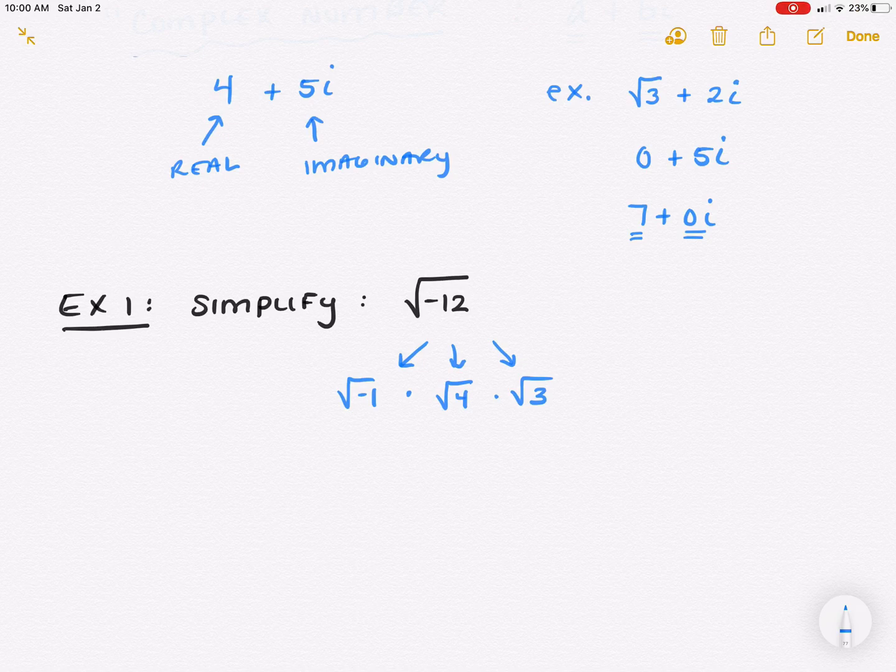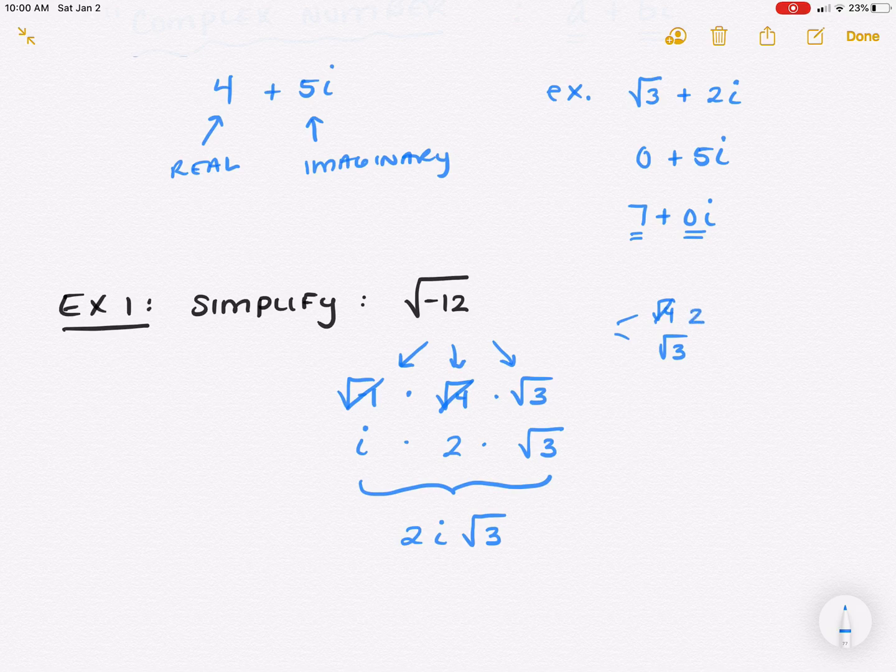When we simplify this, the square root of -1 is denoted with an i, the square root of 4 is 2, and the square root of 3 cannot be simplified. So we can write this as 2i square root of 3. Really, simplifying the square root of -12 is exactly like simplifying a regular radical. The only difference is the i denotes the negative.